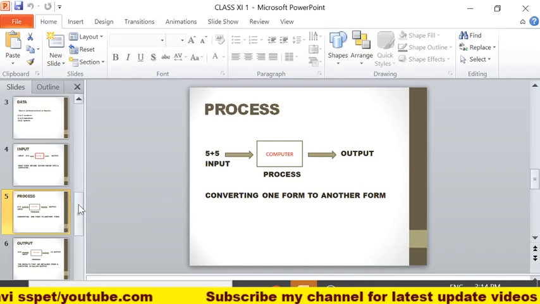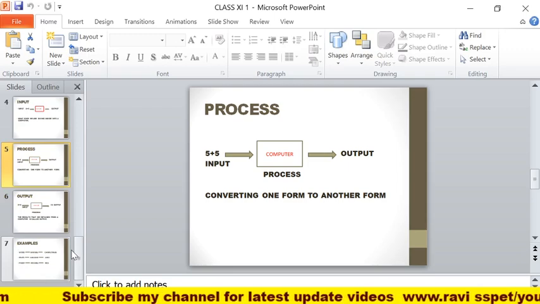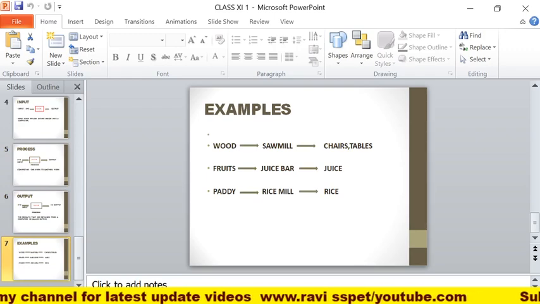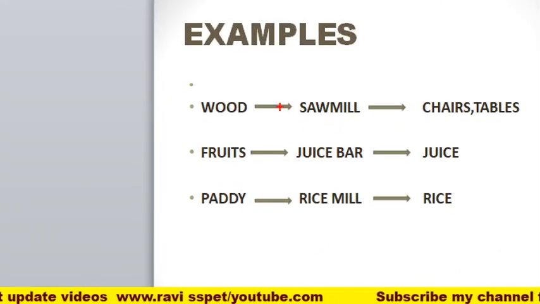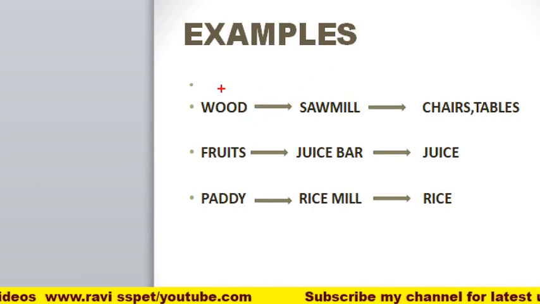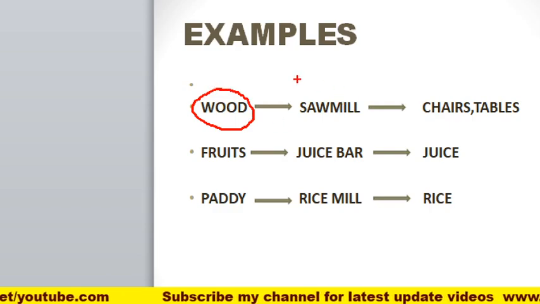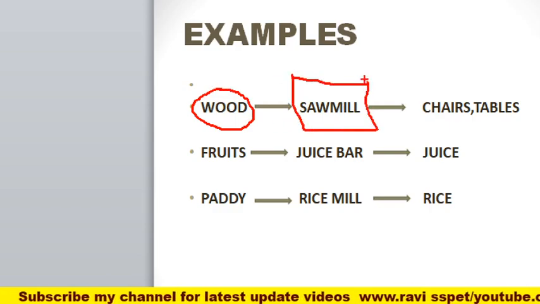Now let us see some examples of input, process and output. See here. I am giving wood to the sawmill, to the carpenter's sawmill.